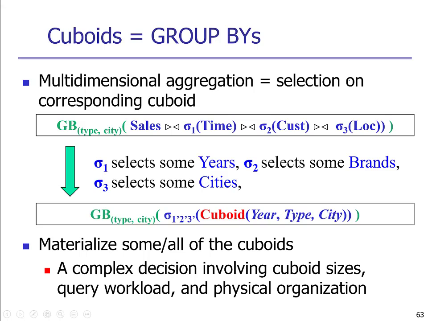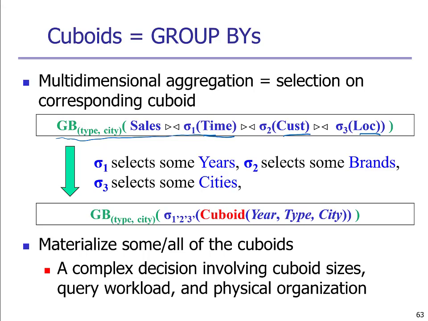For example, say we have 3 dimensions, time, customer, and location, and this is the original query where we do the join first, and then we group by type and city.